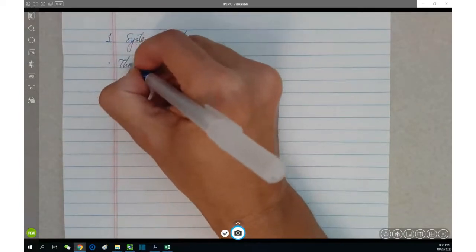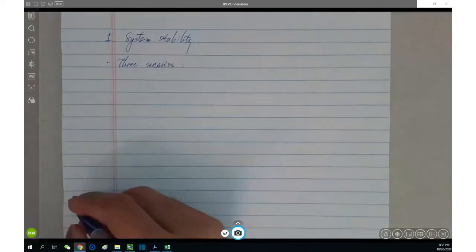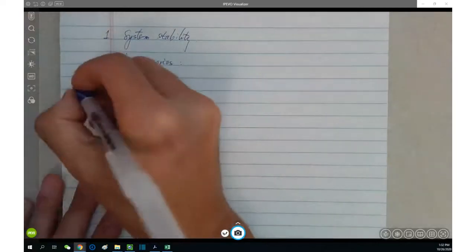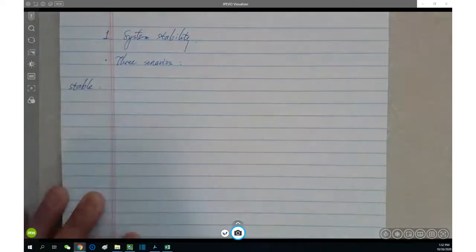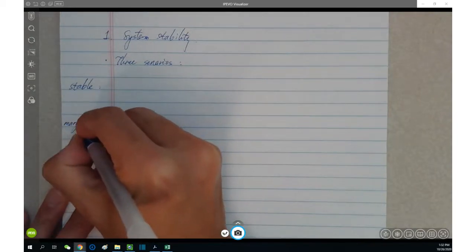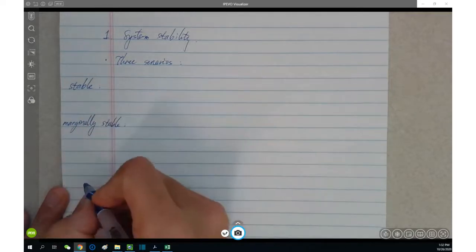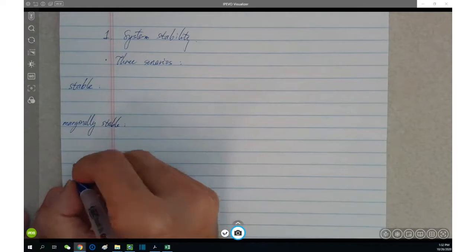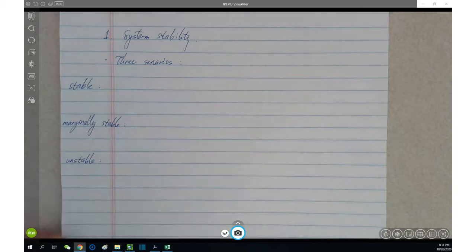You have actually up to 3 scenarios. First is obviously stable. Second is called marginally stable. The last one is unstable.